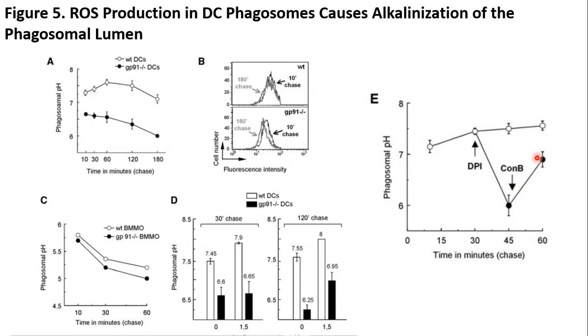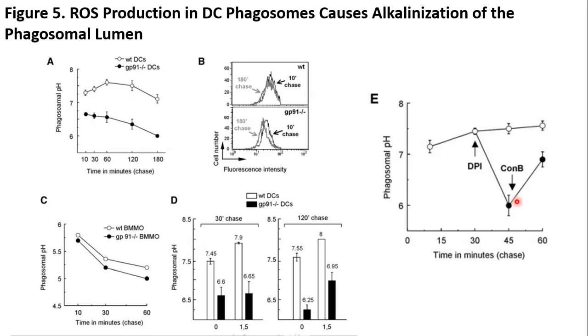But when they added ConB, a blockade of V-ATPases, the pH got higher in 15 minutes. So if they inactivate the V-ATPases, the pH increases, showing that in the absence of NOX2, the V-ATPases still mediate acidification in DC phagosomes.